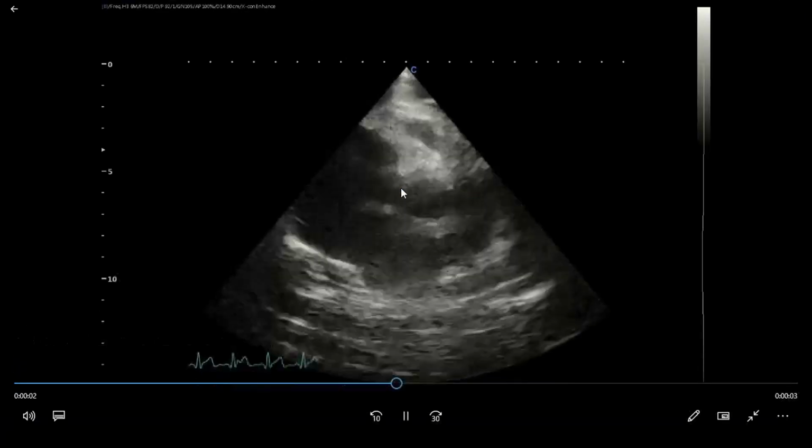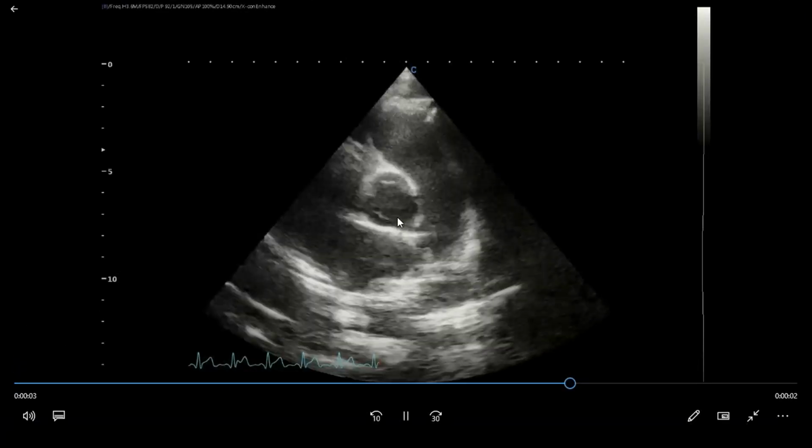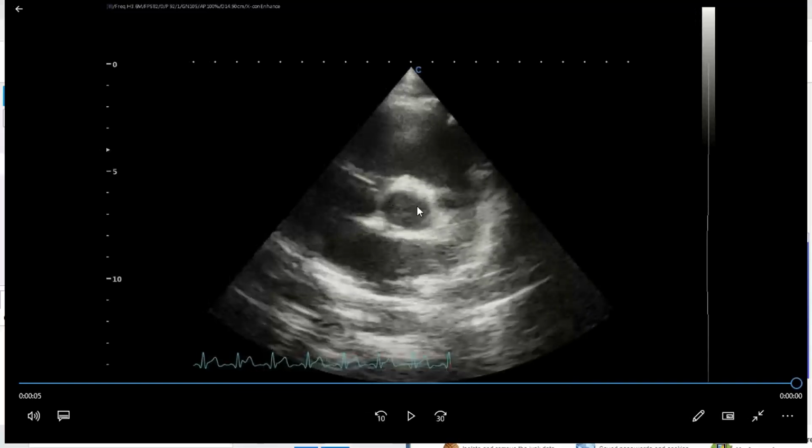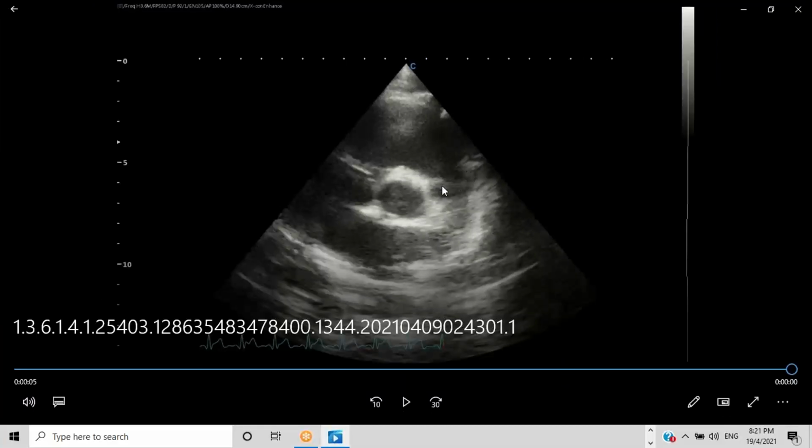Okay, short axis at the level of the aorta. You can see that there are 3 leaflets or 3 cusps. You can see the pulmonary valve opening and closing, tricuspid valve opening and closing.